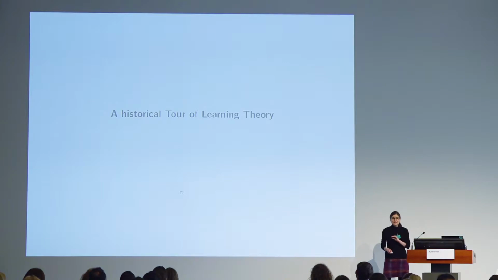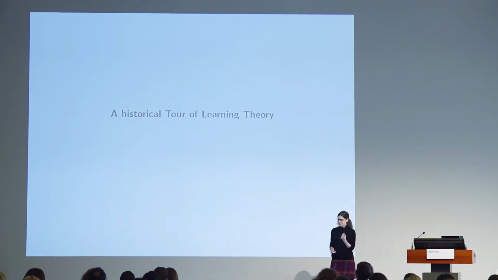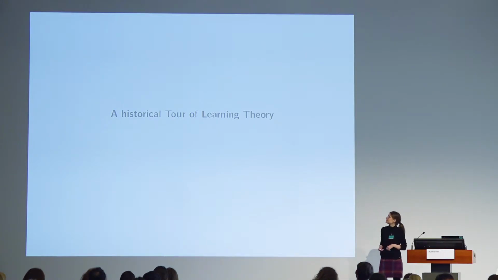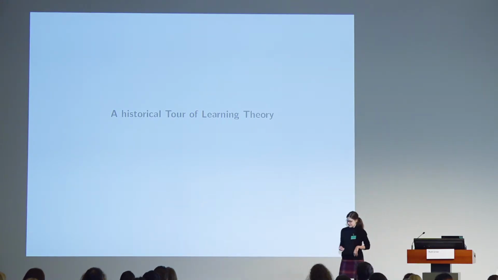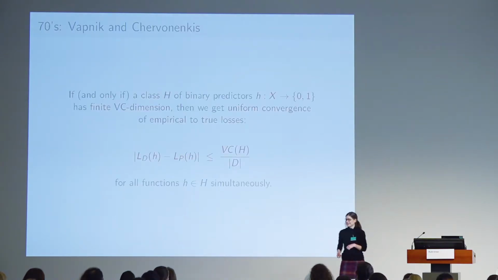So now what I would like to do is take you through a very brief and quick tour of learning theory. How has learning theory actually addressed these problems? So let's go, I guess, 50 years back.